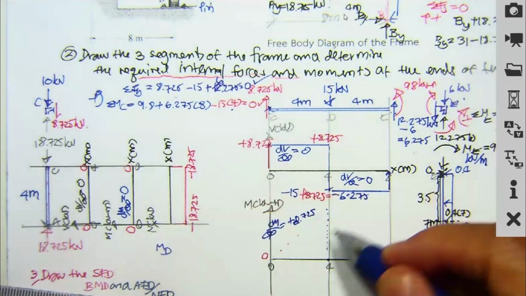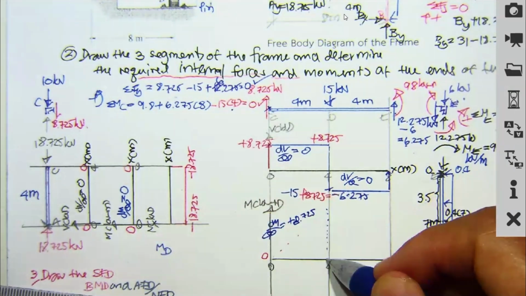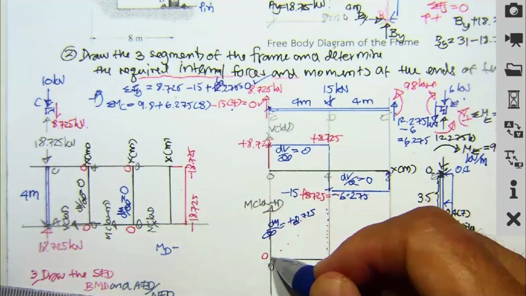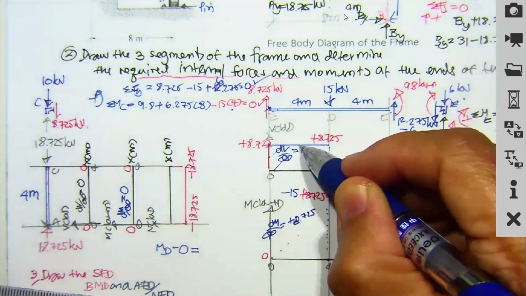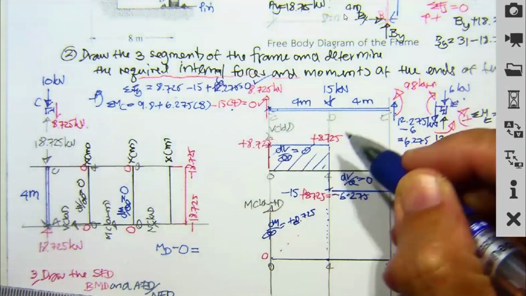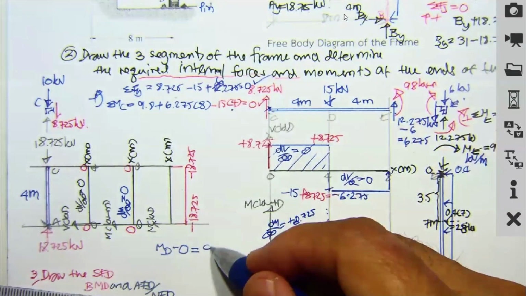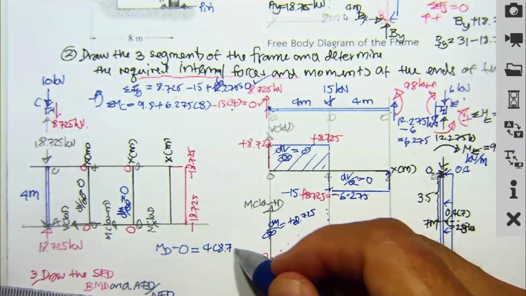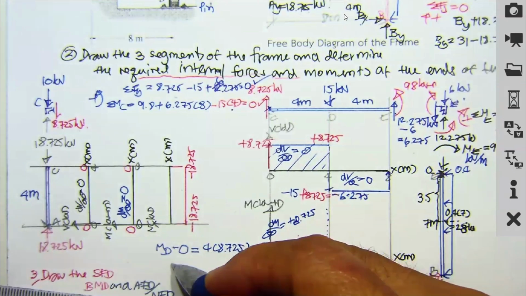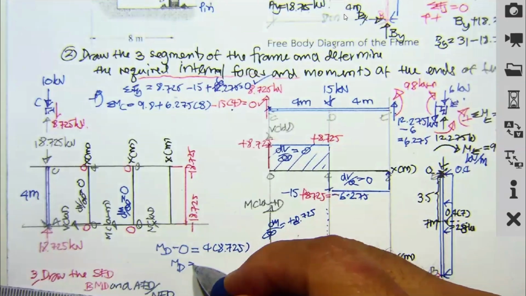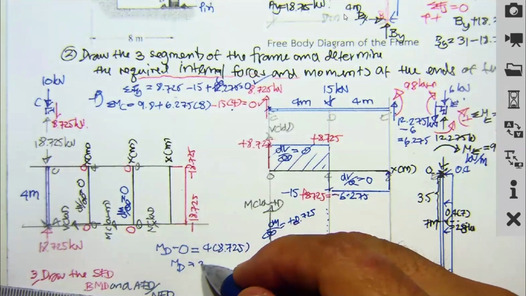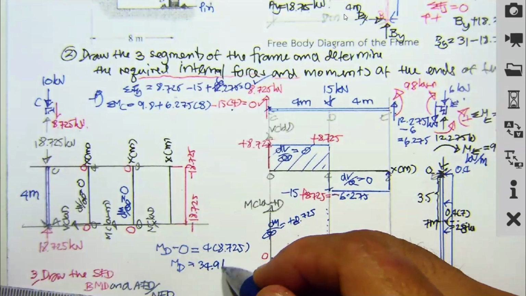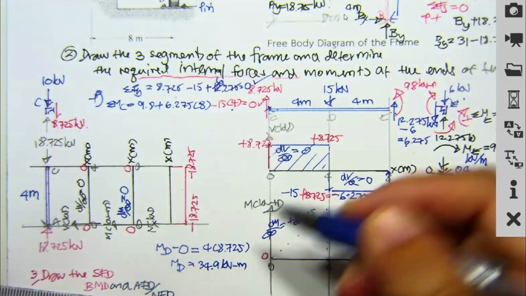M sub D over here minus over here, 0 is going to be equal to this area, 4 times 8.725. So our M sub D again got 34.9 kilonewton meter.